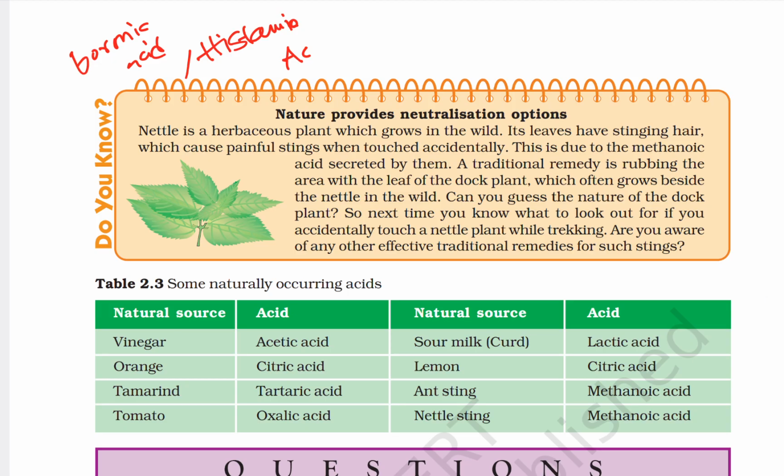Because of the formic acid, you will feel a burning sensation, and the histamine triggers an allergic response, itching and swelling also. Acetylcholine intensifies the pain sensation, and serotonin increases the irritation and prolongs the burning effect.